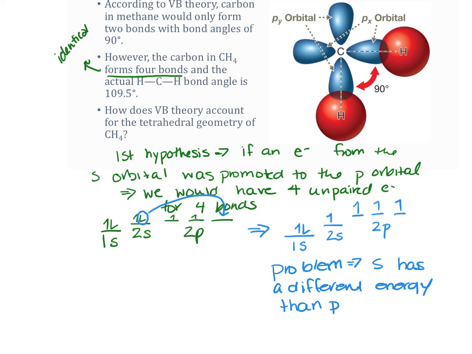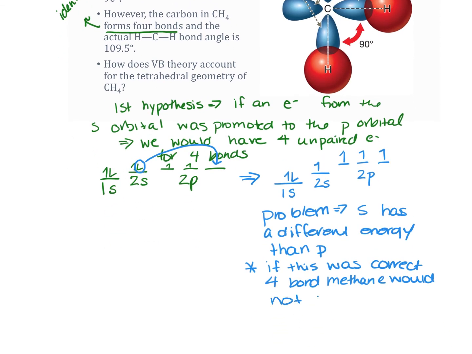So if this was a correct model, the 4 bonds of methane would not be identical. It was a good hypothesis, but once we realized the 4 bonds were identical, that means they have to have the same energy, so it's not right.